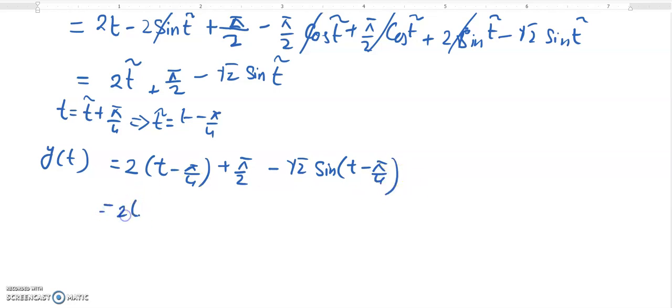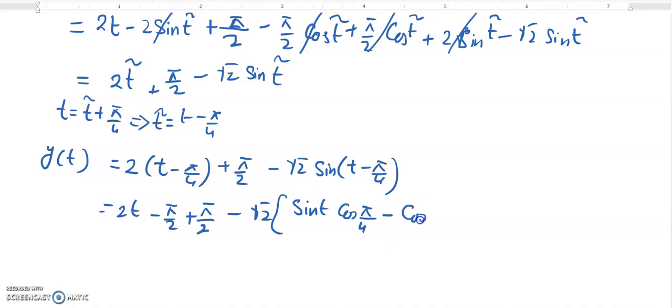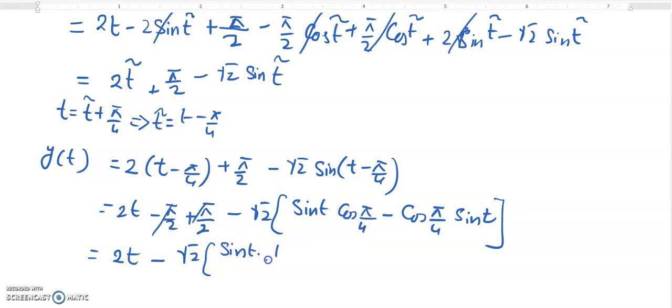So it will be 2t minus pi by 2 plus pi by 2 and minus under root 2, and then from trigonometry we know the formula of sine a minus b, which is sine of t cosine of pi by 4 minus cosine of t sine of pi by 4. Cosine of pi by 4 is 1 over under root 2.